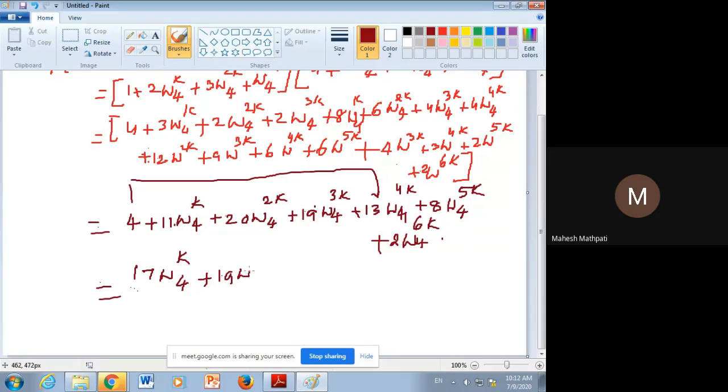W4 to the power 6k, plus what next? It is 22 multiplied with W4 to the power how much?